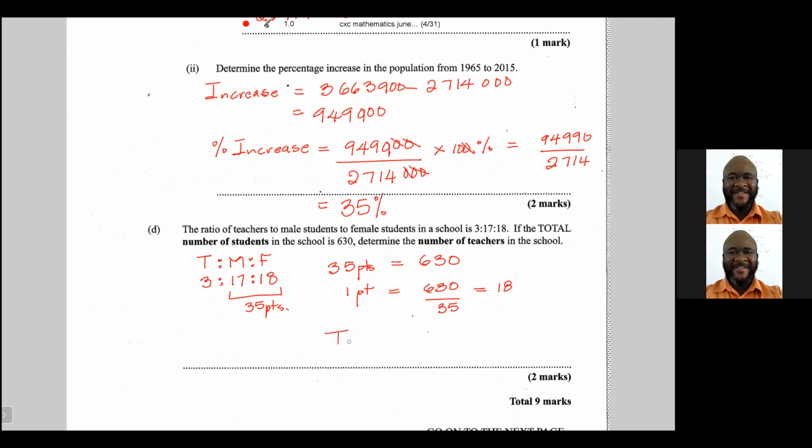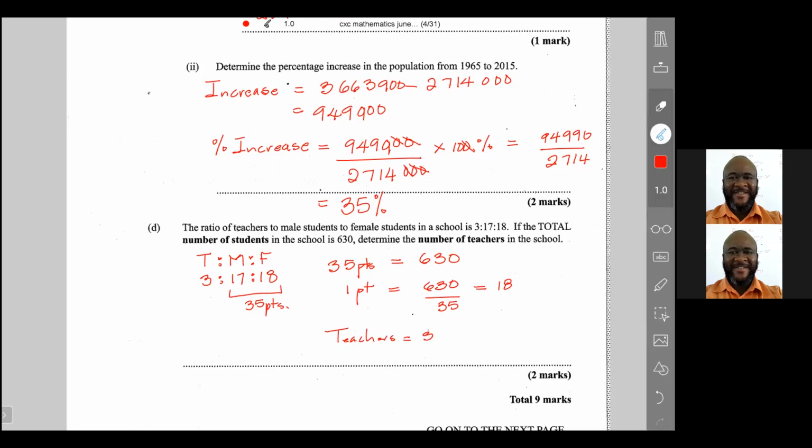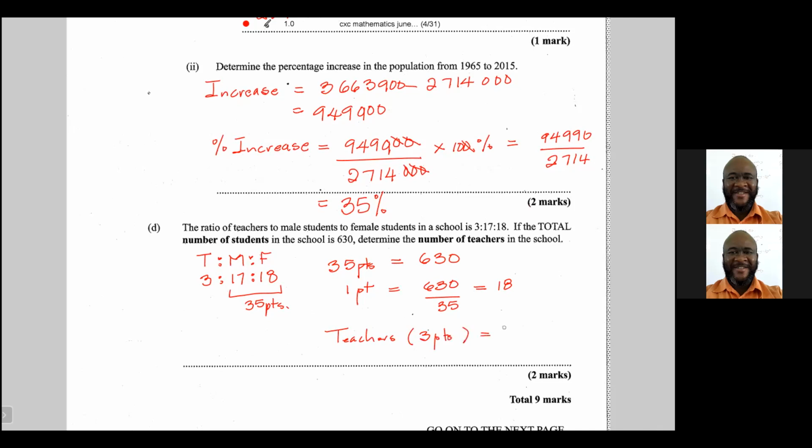Teachers is 3 parts, which would be equal to 18 times 3. In the school, it looks as if there are a total of 54 teachers.